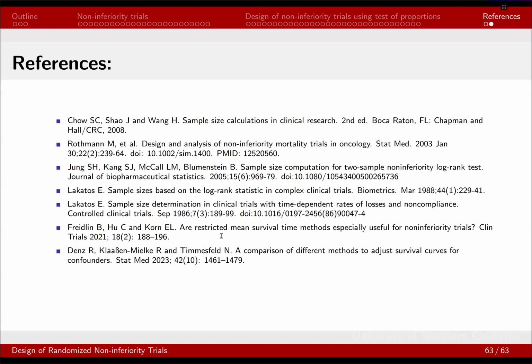True, yes. That's why determination of the margin really needs to be determined on clinical grounds, and it needs to be discussed with investigators. Every cancer is probably different. We did a literature review, actually a review of the COG clinical trials. Some of our non-inferiority trials used larger non-inferiority margins.